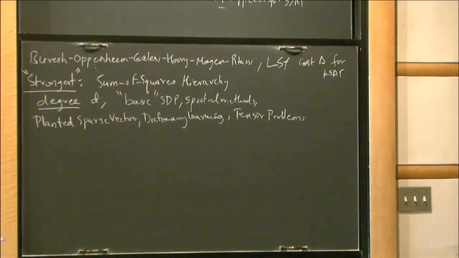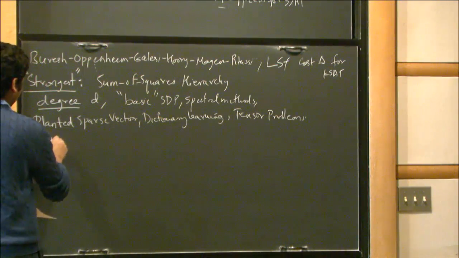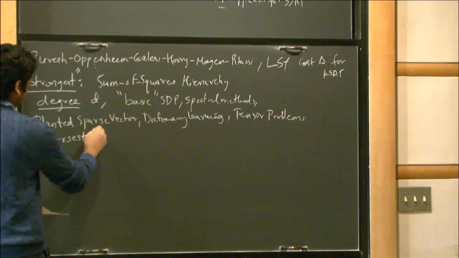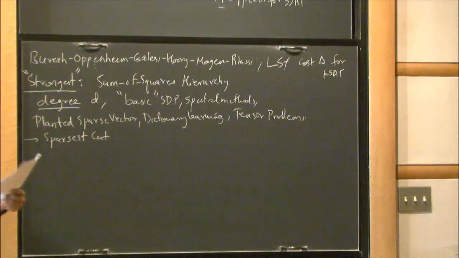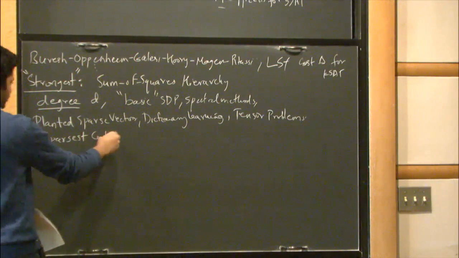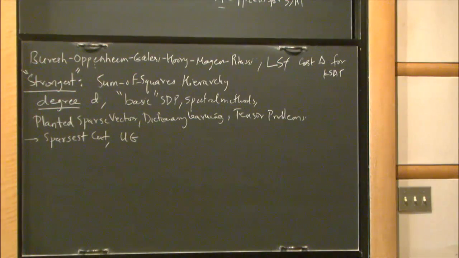So you could ask, well, does it help me in solving the refutation problem? In the worst case, it has also been successful. It captures the state-of-the-art approximation algorithm for sparsest cut. It also captures the subexponential algorithm for unique games that ABS came up with.